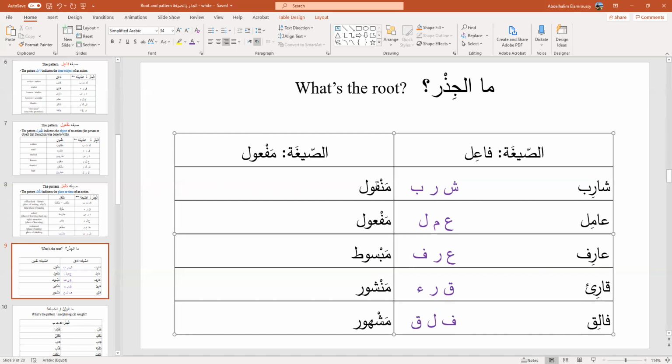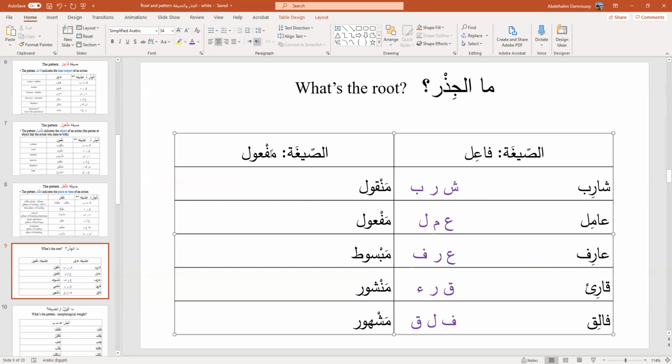So I'd like you to do this drill again on your own. All of these words, منقول, مفعول, مبسوط, منشور, مشهور, are following the pattern مفعول. So I'd like you to give me the root for all of these. Again, you will just do the opposite of the process we were doing earlier.